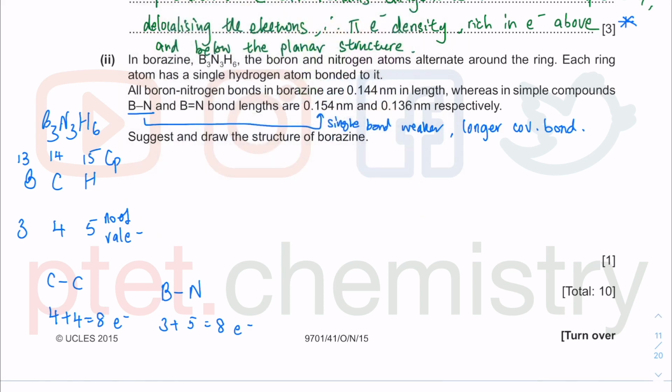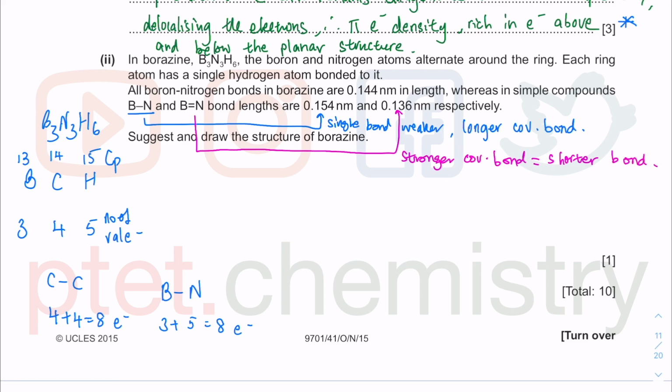Whereas the other BN bond is a double bond. The double bond is going to be a stronger covalent bond. So a stronger covalent bond is actually a shorter covalent bond, because of the stronger force of attraction between the localized shared pair of electrons and the 2 nuclei. So a shorter bond there.